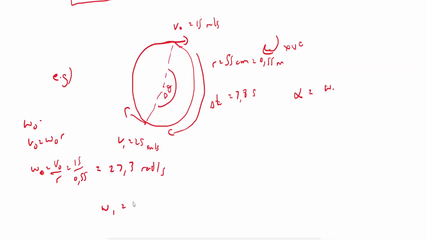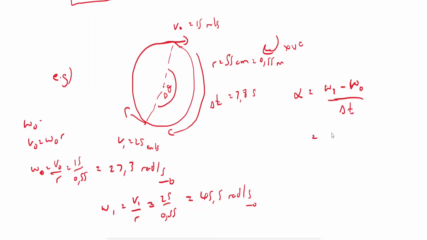I could also find omega 1. This is basically going to be V1 over r, which is 25 over 0.55, and this is going to be equal to 45.5 radians per second. So that's the one. And then what else? So now I can find alpha because I have that. So I could say omega 1 minus omega 0 over delta t.